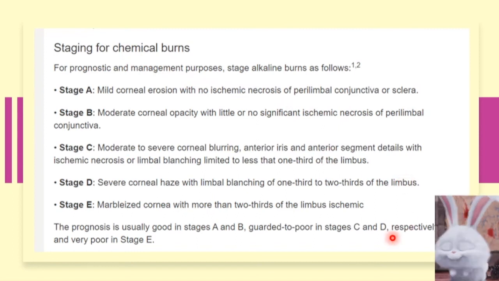Going from stage A to E, you would notice that at stage E, the prognosis is very poor. Why, class? There is presence of a marbleized cornea with more than two-thirds of the limbus being ischemic. Okay, limbus is part of your eye. Ischemia is, of course, decreased blood flow and oxygen. So, class, very poor prognosis on this one. No need for you to memorize, but I just would like to tell you that if it's stage E, it's already poor prognosis. That's the message.